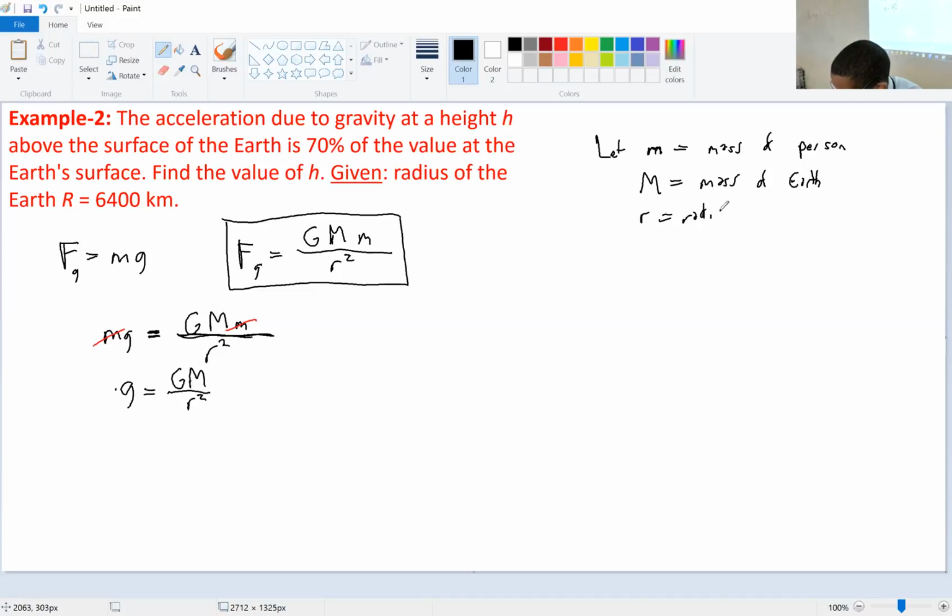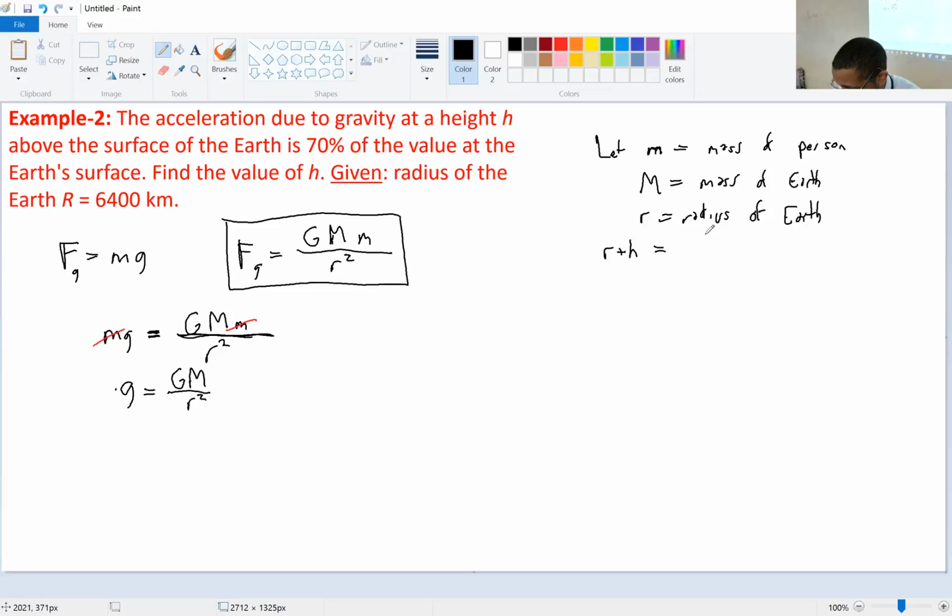So radius of Earth. Now let me see, I want to go up to a height of h. So that height is really going to be, or the distance from the center of the mass of Earth is going to be the radius plus whatever height I want to go to.